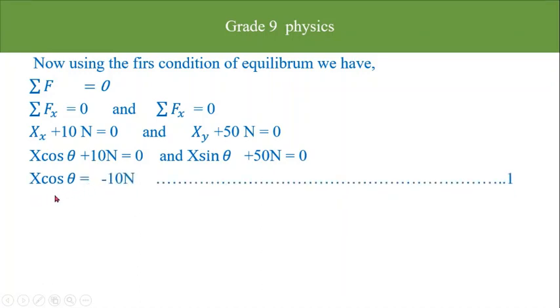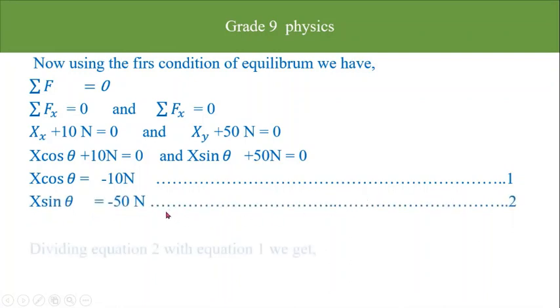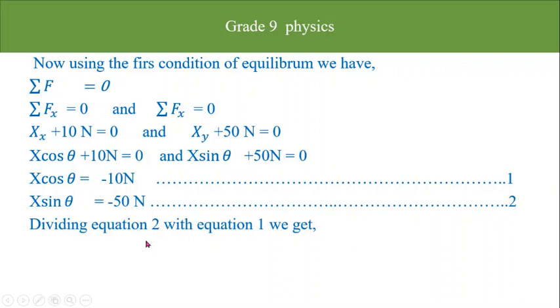Now let's separately write these two equations. Let x cos theta is equal to negative 10 Newton be equation 1, and x sin theta is equal to negative 50 Newton be equation 2. So dividing equation 2 by equation 1, we get x sin theta divided by x cos theta, which is tan theta, since x gets cancelled out.